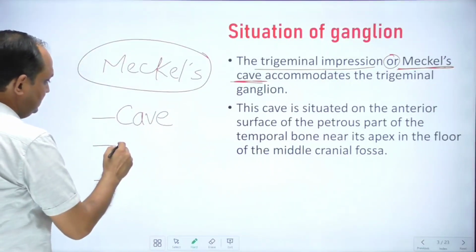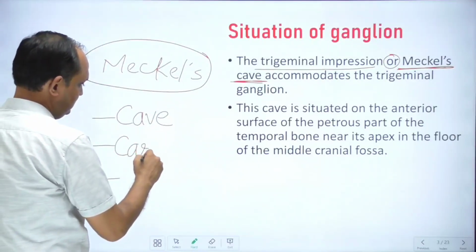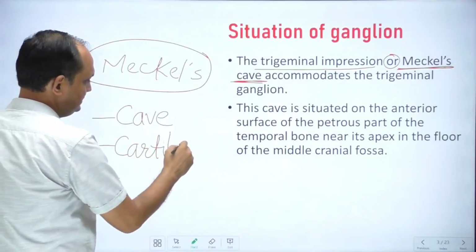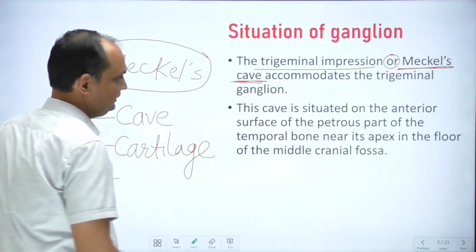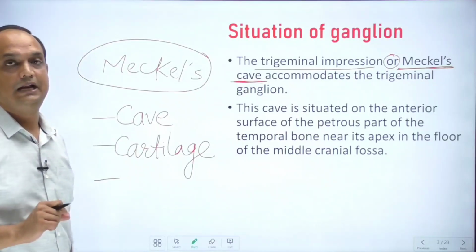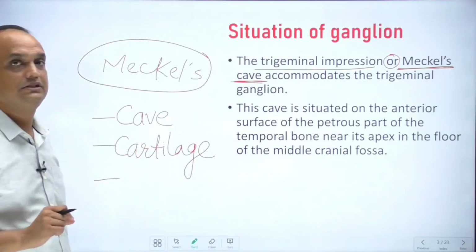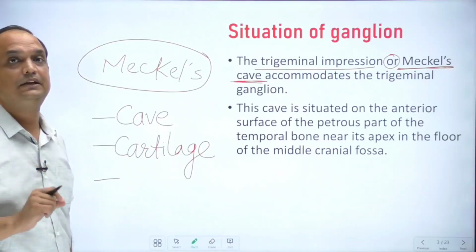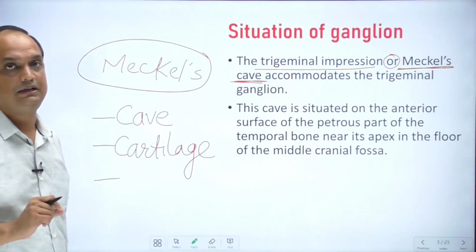Then you have Meckel's cartilage. You heard this word when we talked about the development of the head and neck. Among the branchial arches, the first branchial arch cartilage is known as Meckel's cartilage.